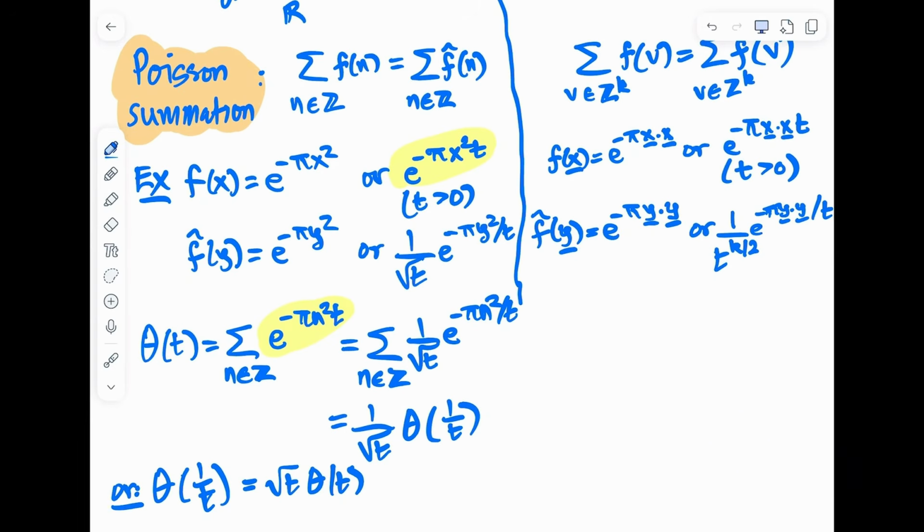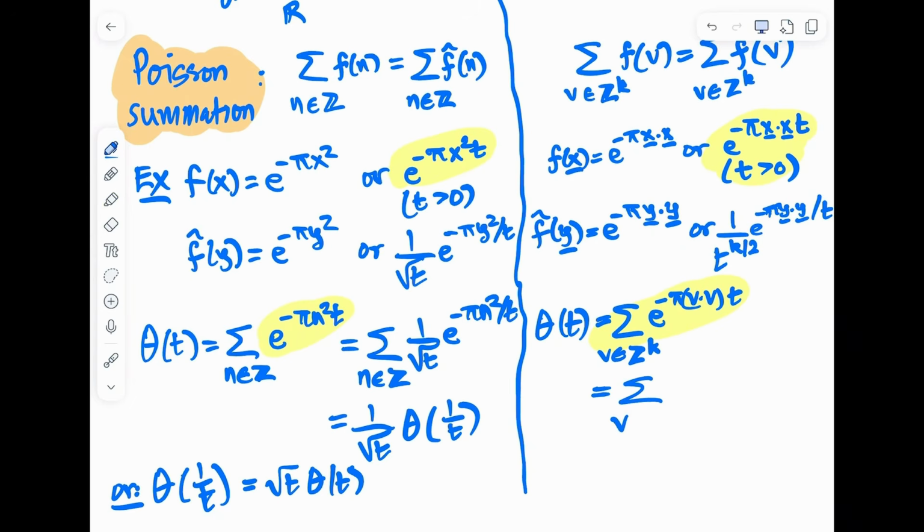And in higher dimensions, if theta of t is the sum over all of z to the k of e to the minus pi v dot v times t, then by the Poisson summation formula, I'm just summing over z to the k the Fourier transform, 1 over t to the k over 2 times e to the minus pi v dot v over t.